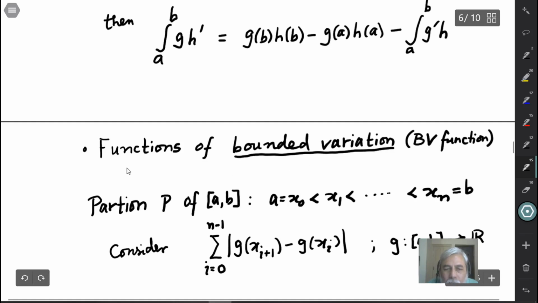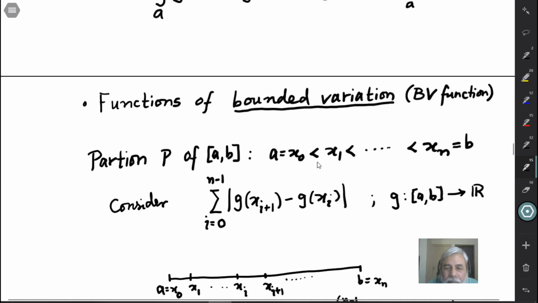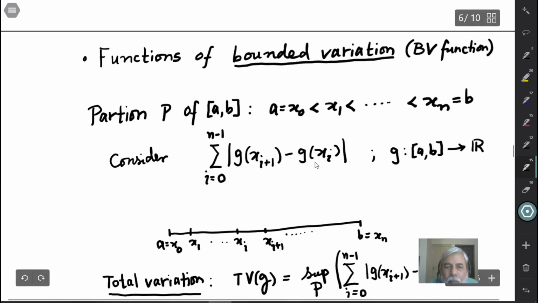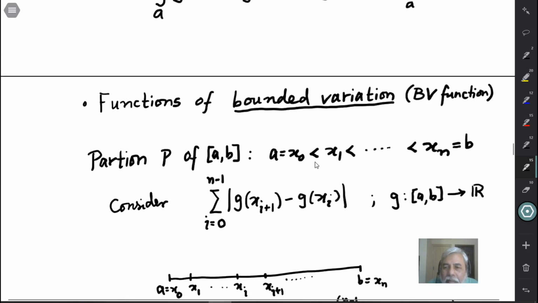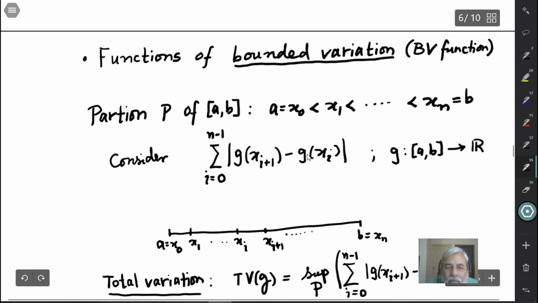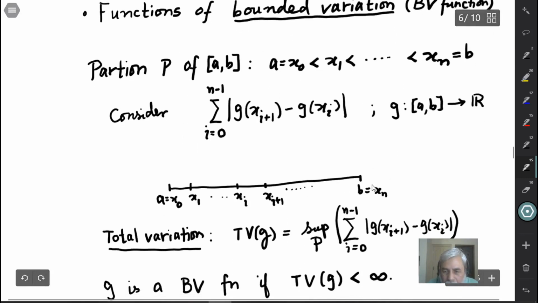For example, we show that the weak solution of the conservation law is a function of bounded variation. So let me again briefly recall what is meant by a BV function. Again you take a closed interval and take any partition. Partition means you divide that interval [a, b] into a finite number of points.